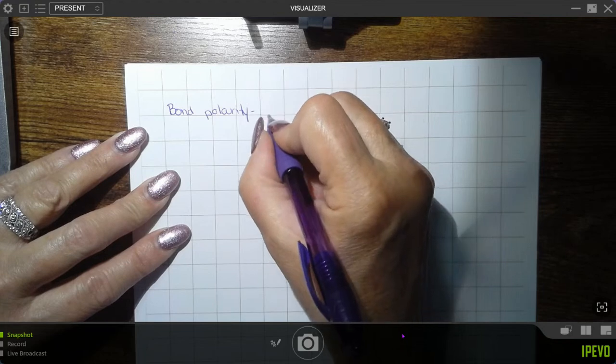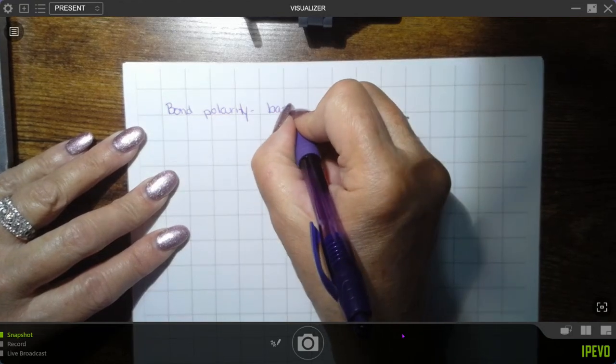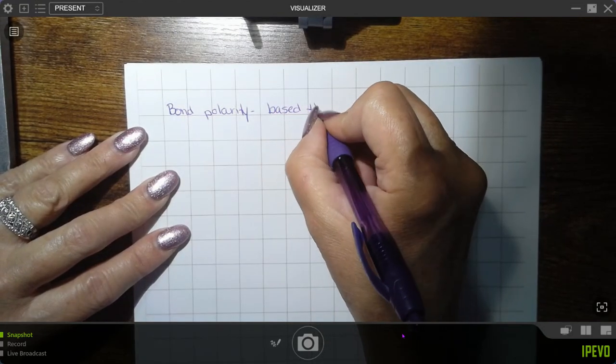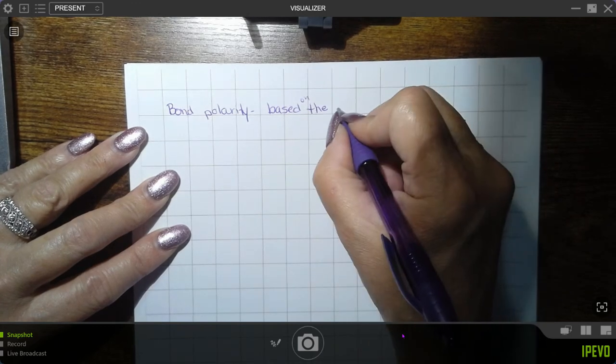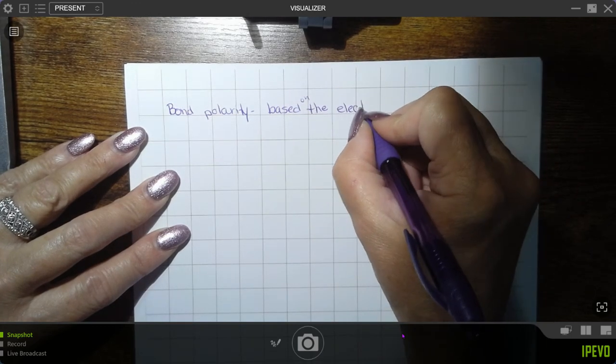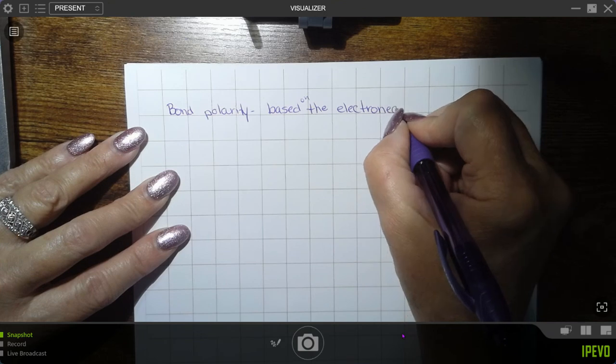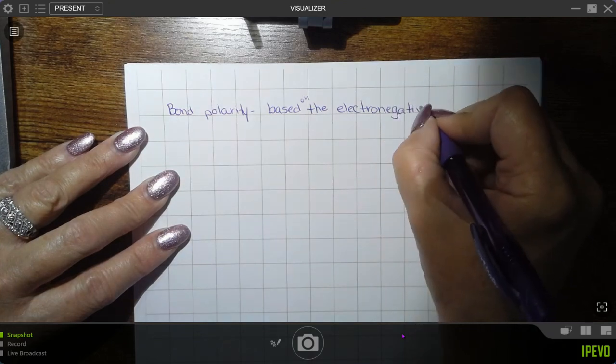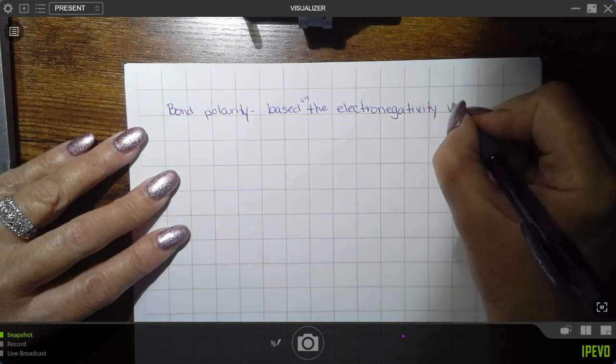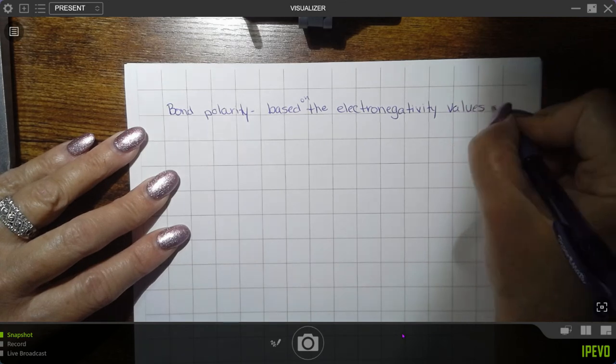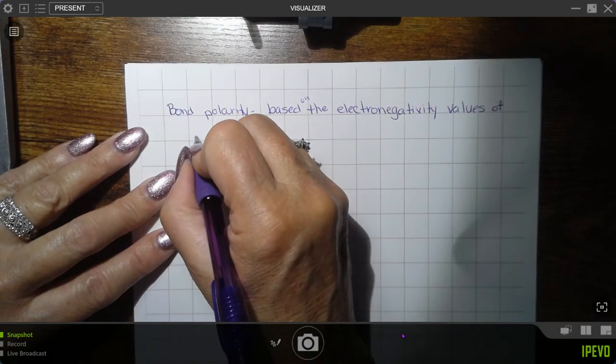Bond polarity is based on the electronegativity values of elements in the bond.